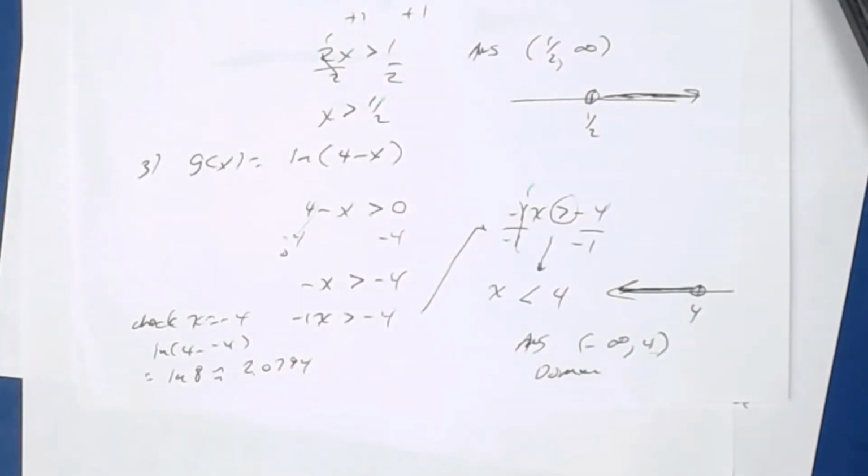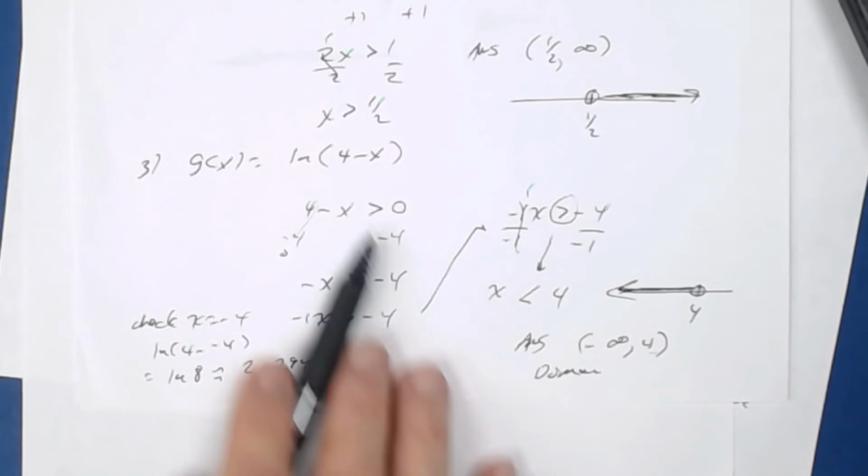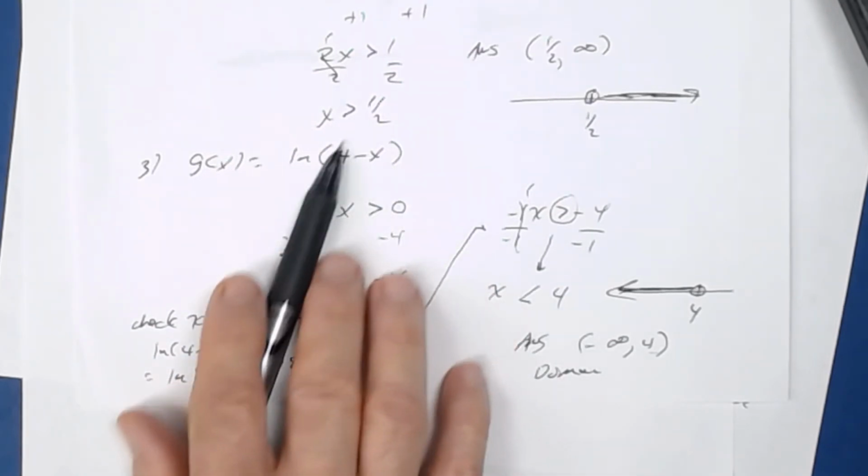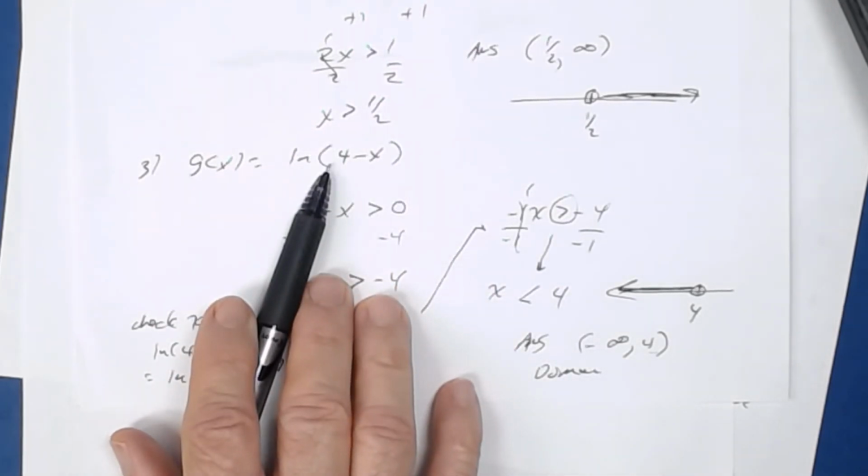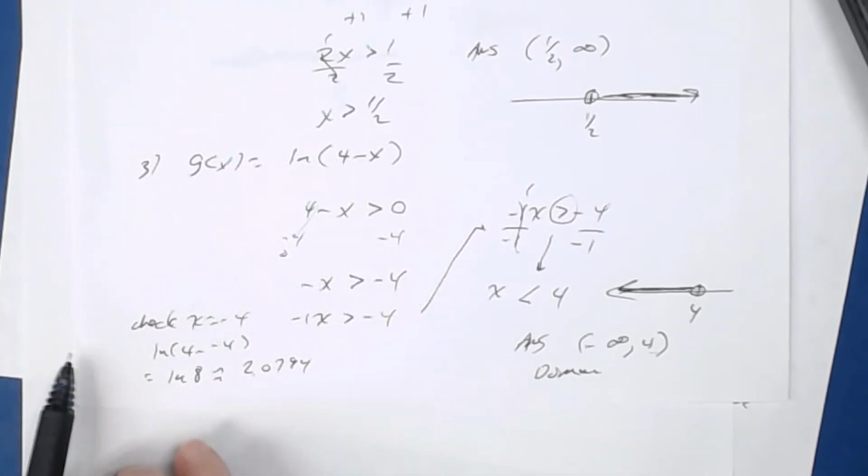All right, so you understand what's happening here? Remember, this is your domain. So any x value in here, when you substitute, is going to give what kind of number? Positive. And you can only take the log of a positive number. So same thing here.